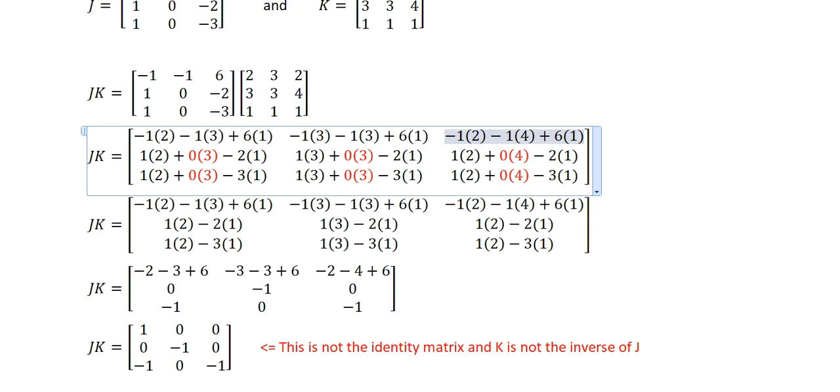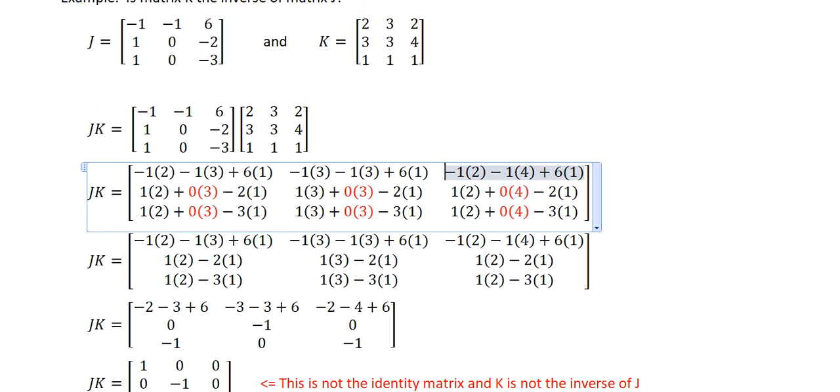Okay, so if we look here, we can see that we have some zeros. I made sure to put up the product for the middle element, when we're trying to figure out the second row, second column element of JK. I made sure to leave in the 0 so that I don't get things out of order.